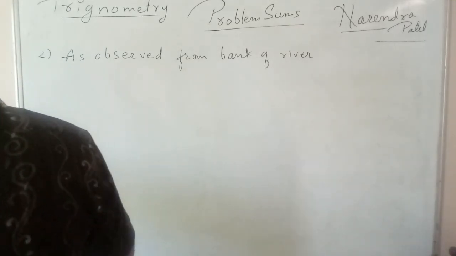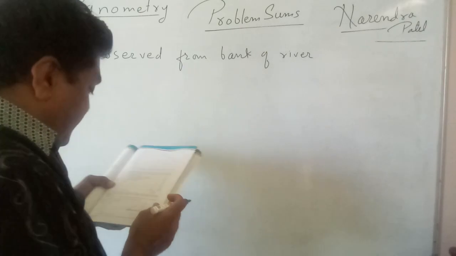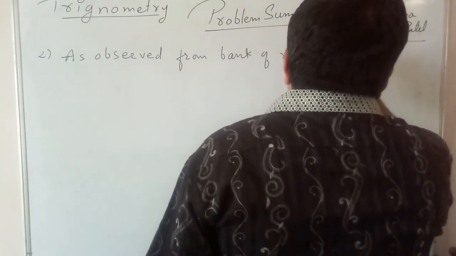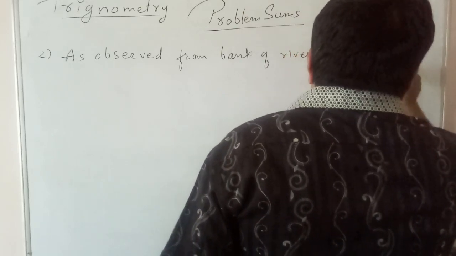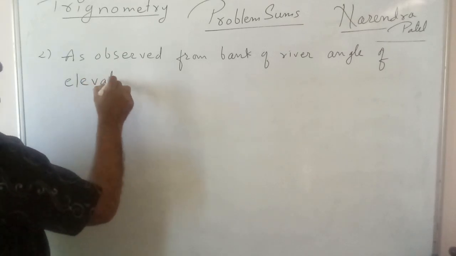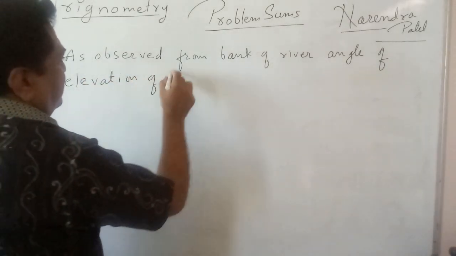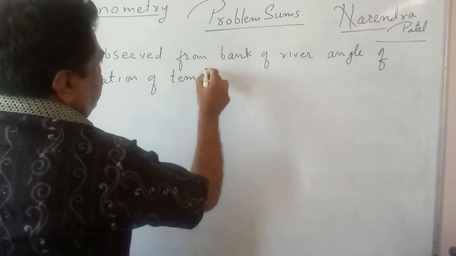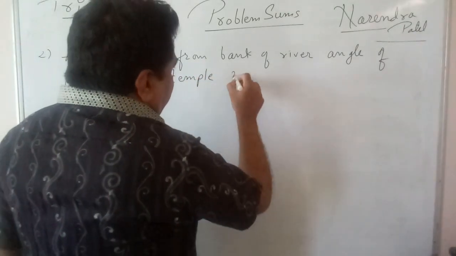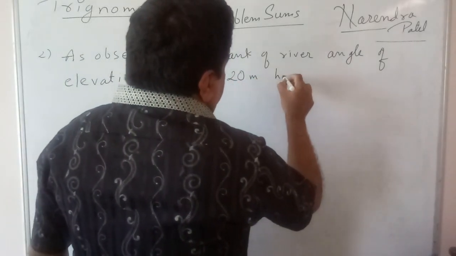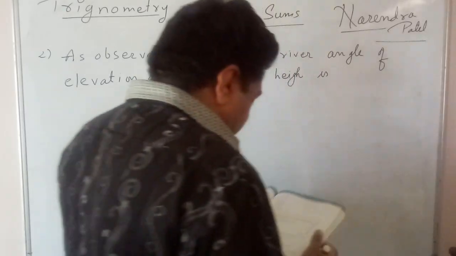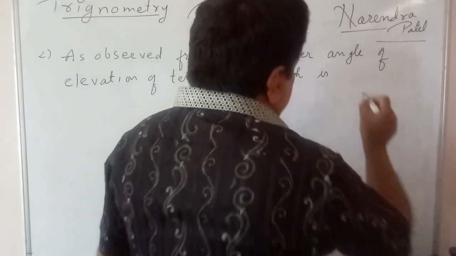The angle of elevation of the temple, 20 meters high, is 30 degrees.